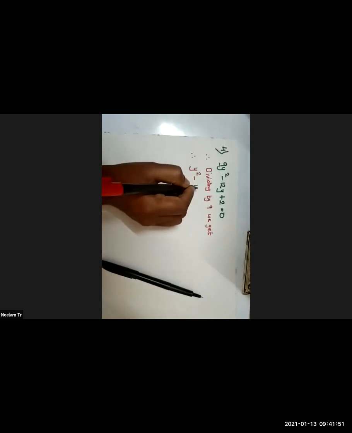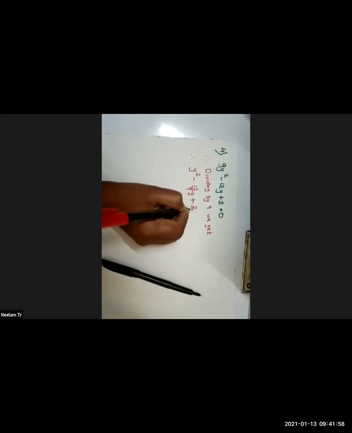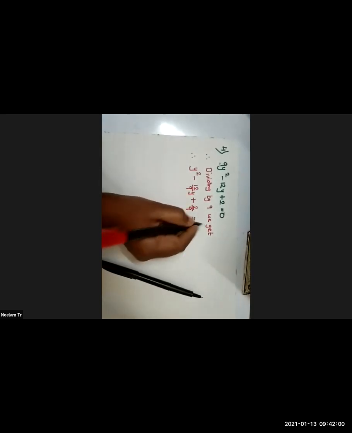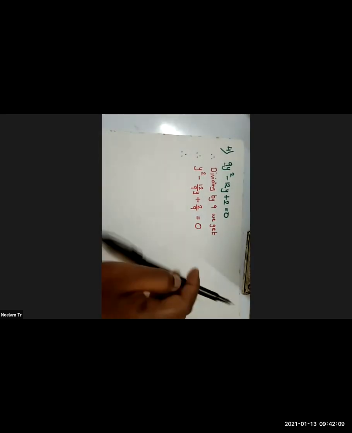And again 12 divided by 9 y plus 2 divided by 9 and 0 divided by 9 you will get 0. इतना तो clear है? This much is clear? ठीक है.